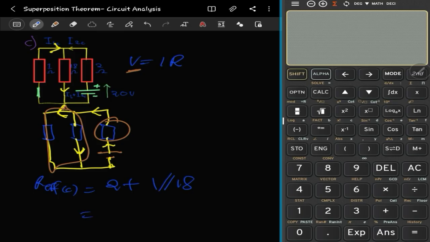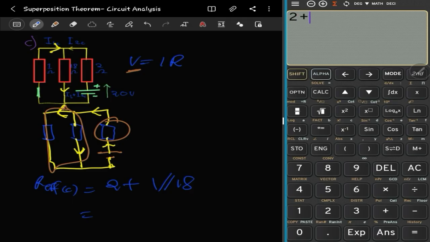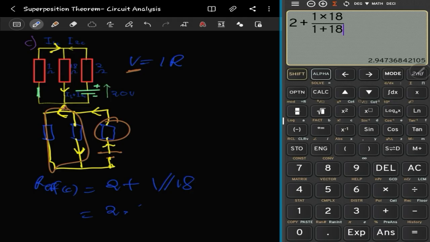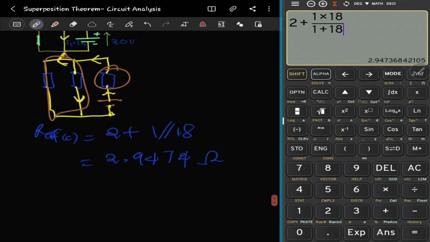You can go ahead and find this one. That'll be 2 plus 1 product over sum, 1 times 18 over 1 plus 18. And that gives us about 2.9474 ohms, right?